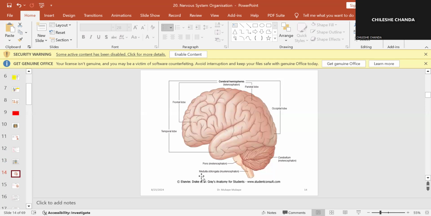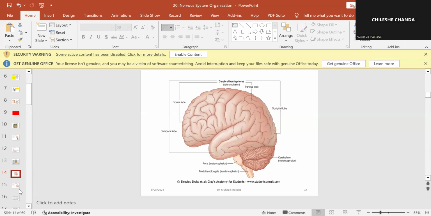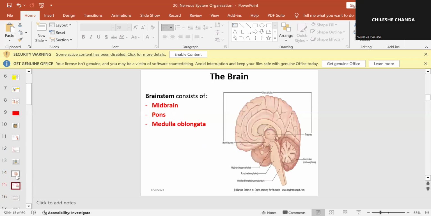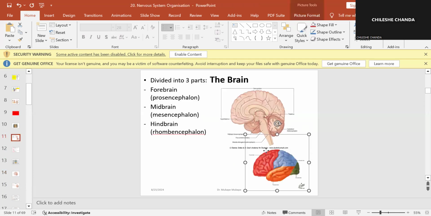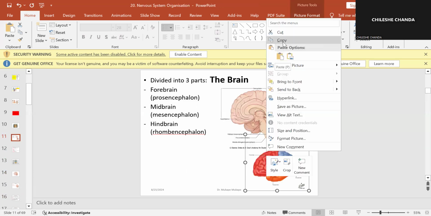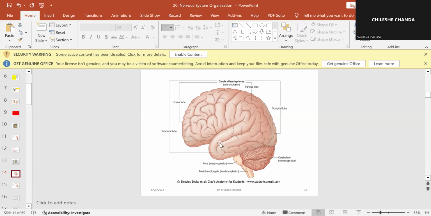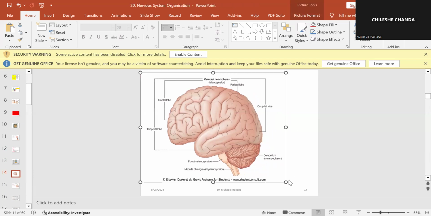Now, the brain is divided into two hemispheres. We have the right hemisphere as well as the left hemisphere. These two hemispheres can be further divided into lobes.